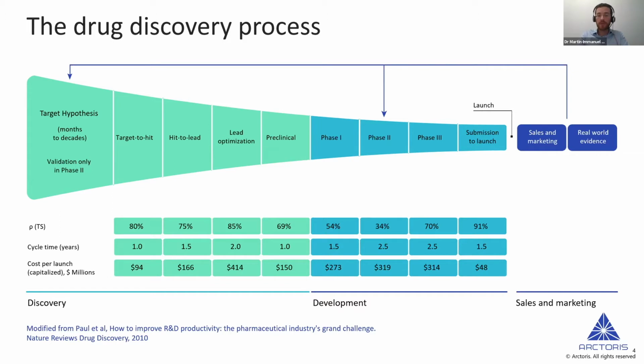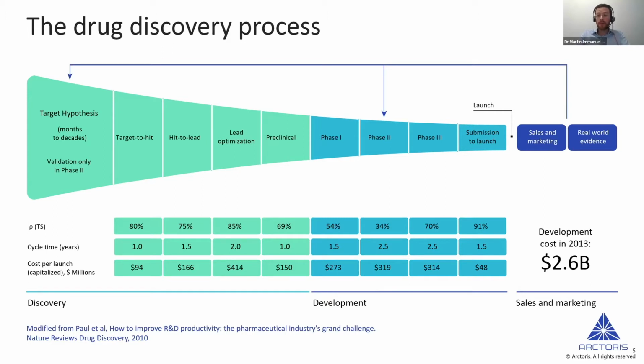As we can see from the very first line, the likelihood of something making it to the next stage is definitely less than 100%. So at every stage we're losing a substantial amount of potential drugs. At the very end, we only arrive with one compound for maybe 10,000 that could have been tested earlier.